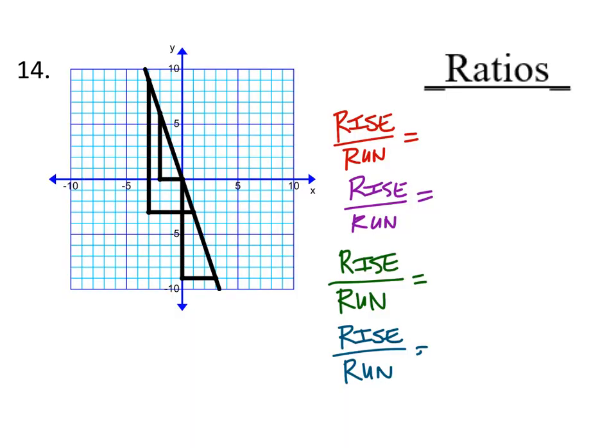All right, number 14. We're going to say this one has 3 triangles drawn on it, even though you could say it has a 4th one. I guess we can try to find all 4. You guys take a minute and find the ratios for all 4 of these triangles.